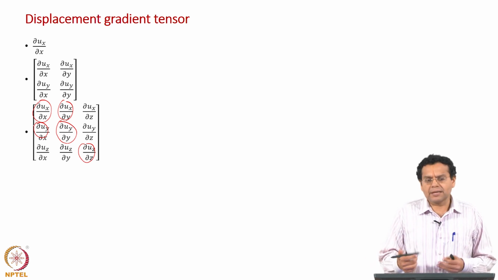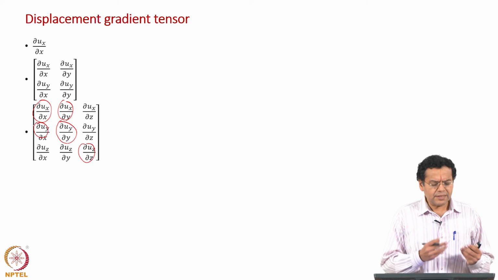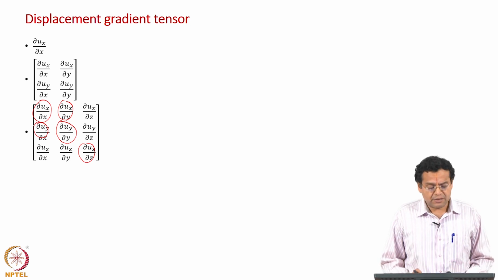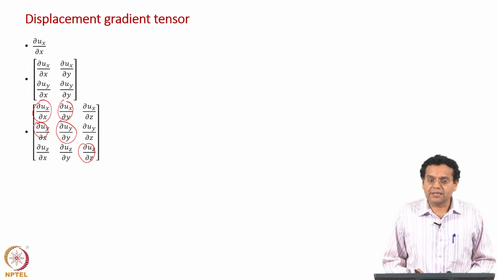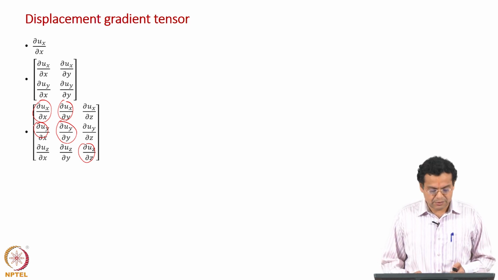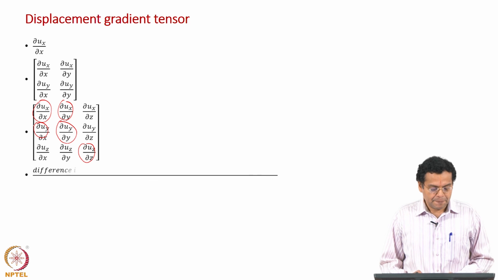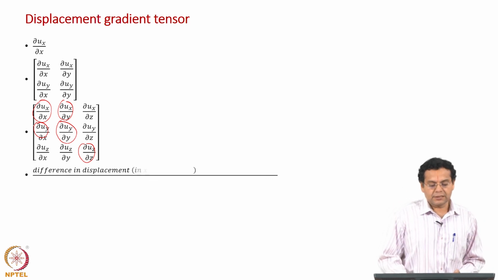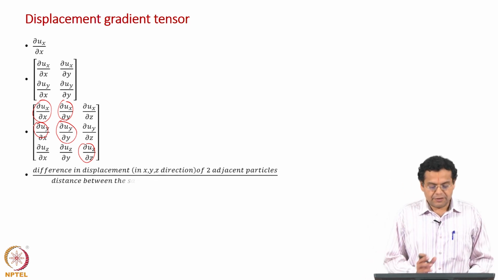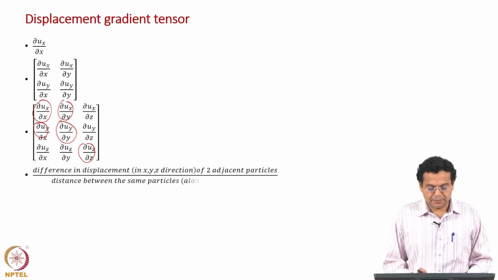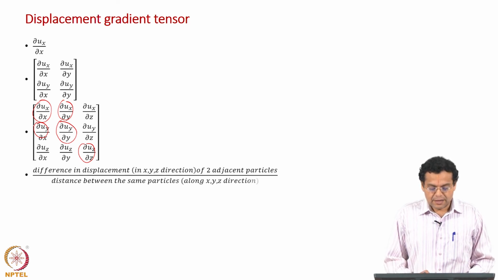So, it was more of a mathematical statement. Now, each term or combination of terms has a very good physical significance, and if you add all the diagonal elements you get the fractional change in volume. Let us write this down here. Of course, this was the definition of the displacement gradient, the difference in displacement by the distance between the particles.